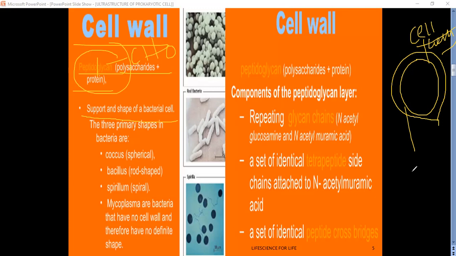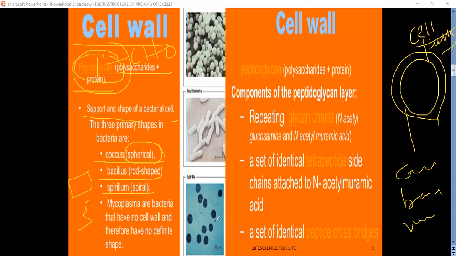The cell of the bacteria may be a cocci, or it may be bacilli, or it may be vibrio. Everything depends upon the peptidoglycan structure only, and the cell wall shows its shape. So based on its shape, we can say the bacteria is coccus, nothing but spherical, which is round shaped, and bacillus, which is rod shaped, and spirillum, which is S shaped.